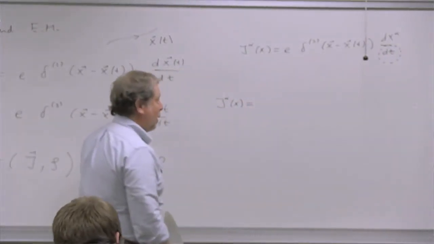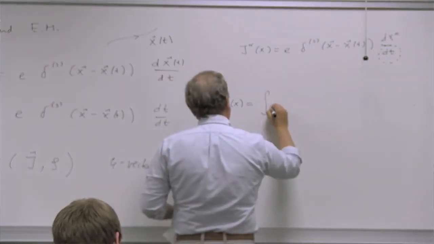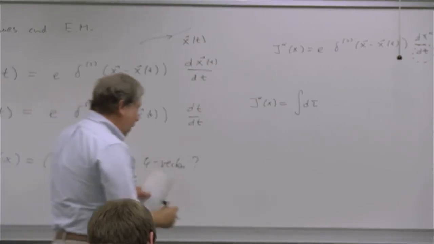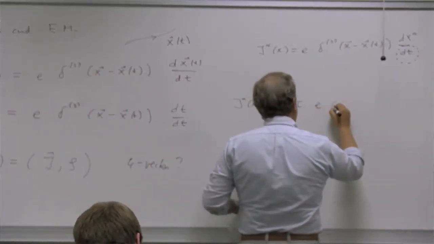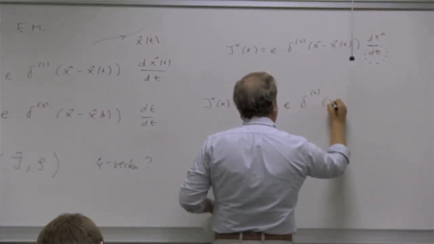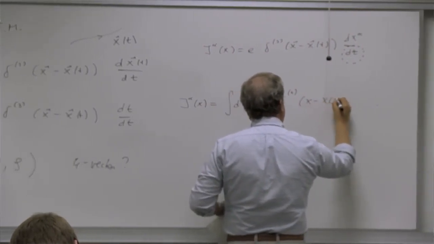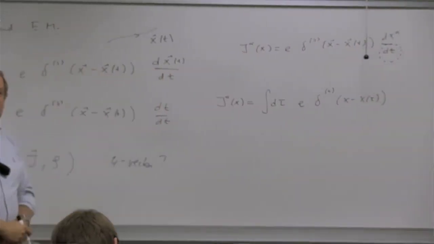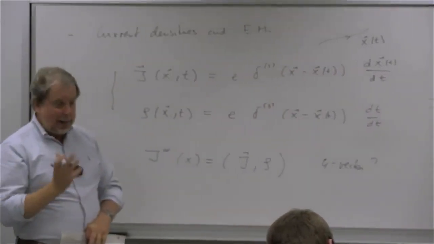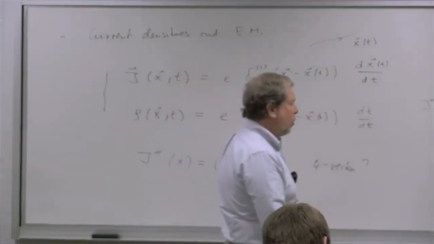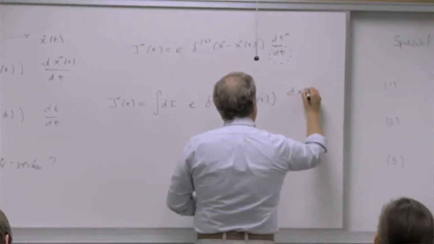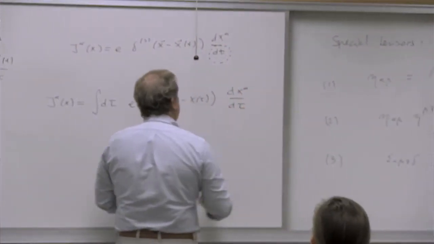I can rewrite it as an integral over proper time, d tau, and then I can write this as E times delta 4 of x minus x of tau. So I can replace the delta 3 by a delta 4, which means I get an extra delta function in the tau variable, and then rewrite this as dx alpha by d tau.